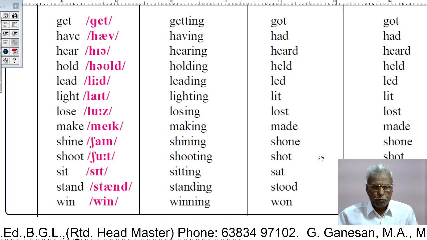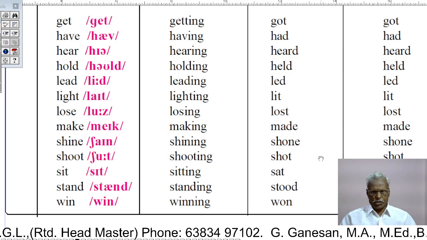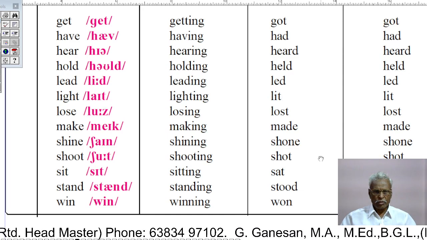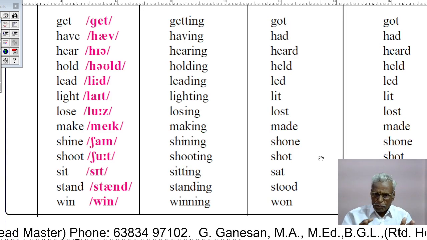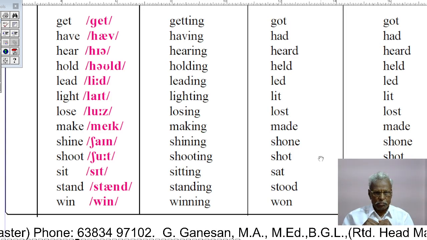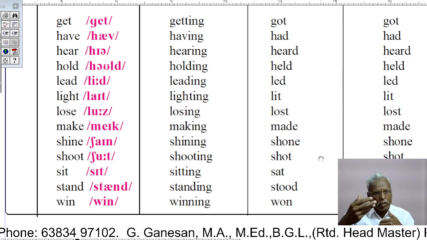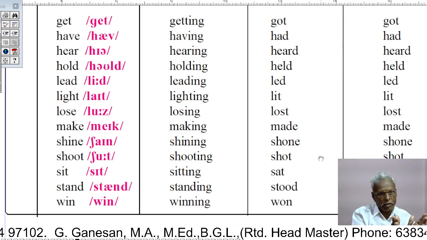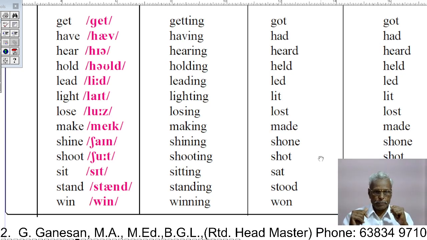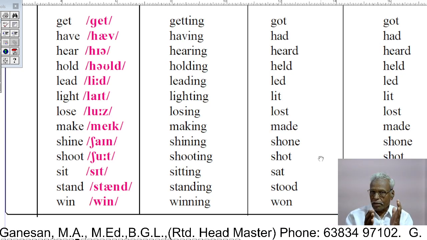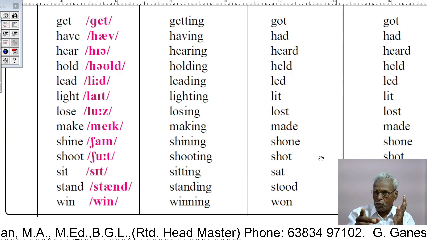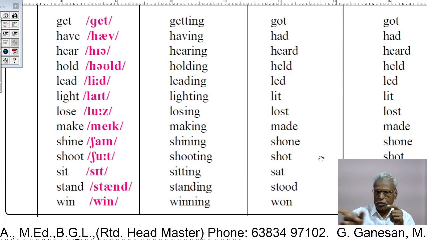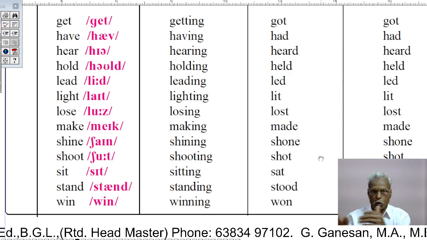You see, here most of the irregular verbs have got their past tense and past participle in various ways. They are not following any definite rules. First, get: drop its E and take O to form its past tense and past participle. Get, got.